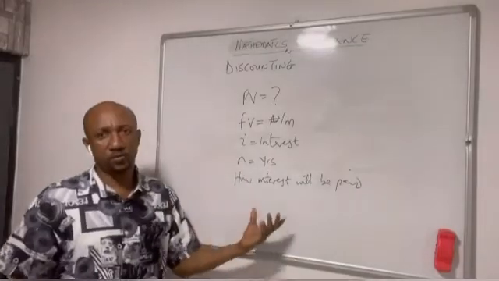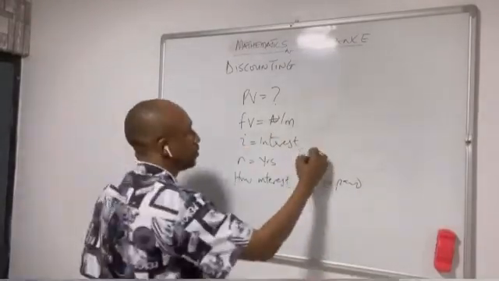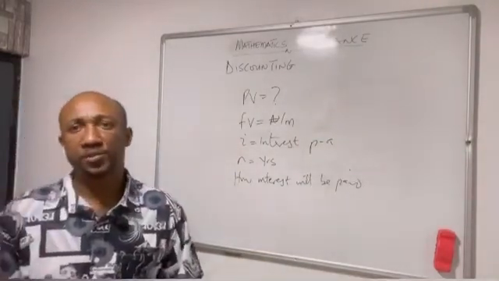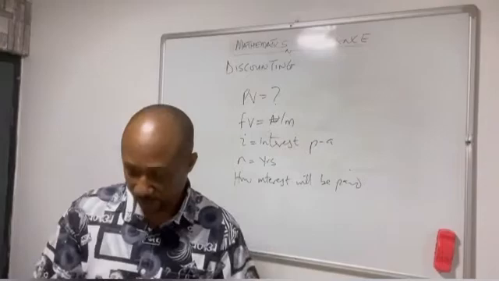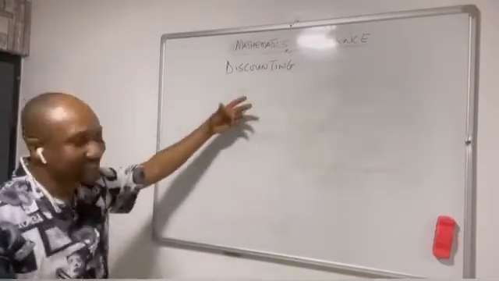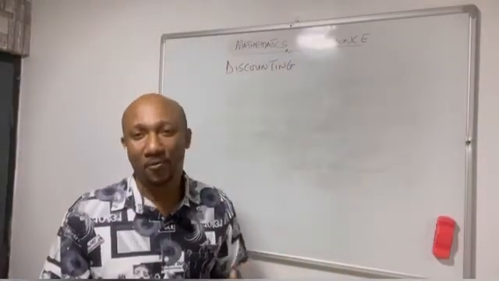Whether it is going to be one interest per year, or whether it's going to be a multi-period interest payment. So let's take examples, bearing in mind that discounting is the reverse or the opposite of compounding.